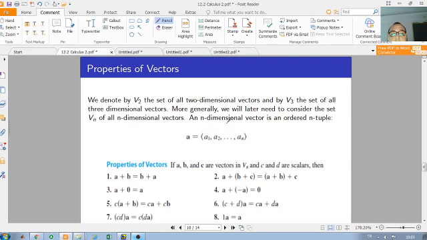So an n-dimensional vector is an ordered n-tuple. You can see we have n components generally, which is the most general form, in R to the n. Okay, it is a vector in an n-dimensional rectangular coordinate system.